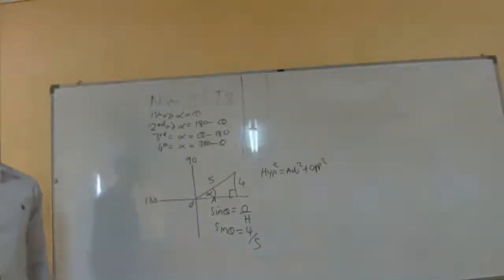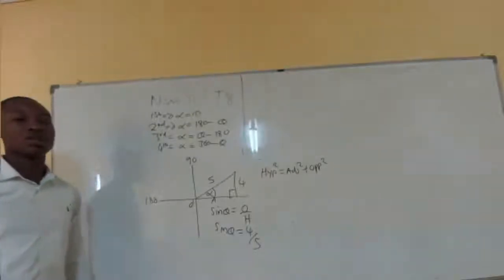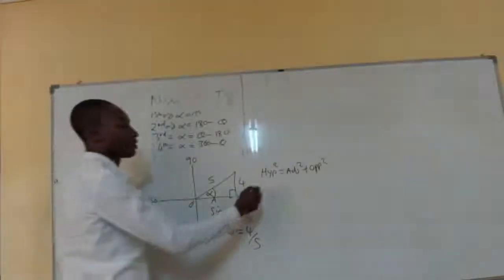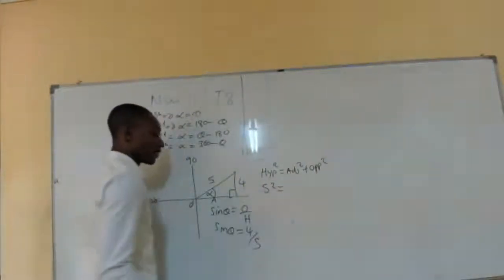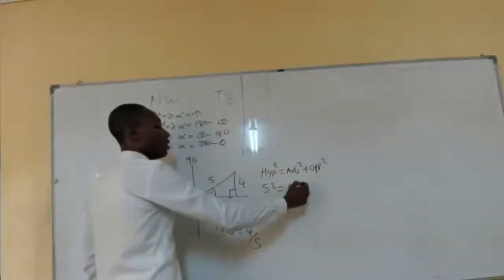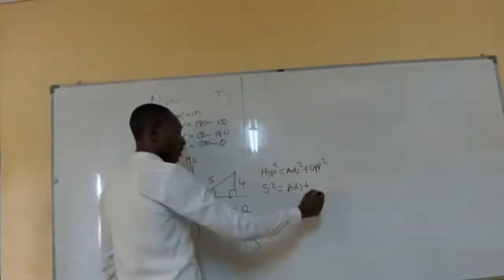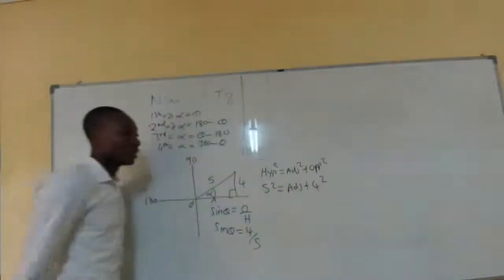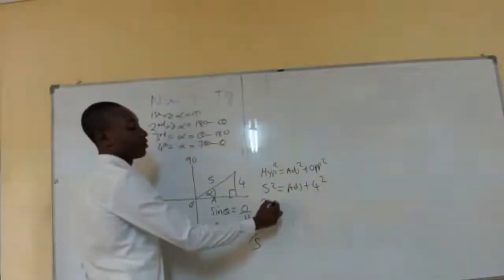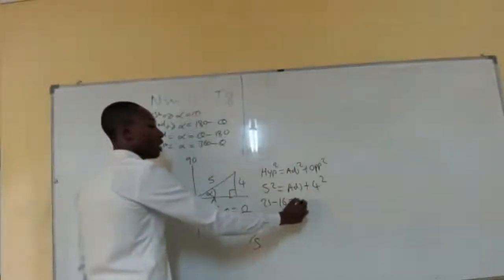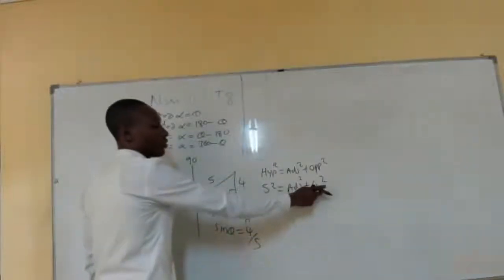Hypotenuse is 5, so 5 squared equals adjacent squared plus 4 squared. So 25 minus 16 equals adjacent squared, where 4 times 4 is 16.